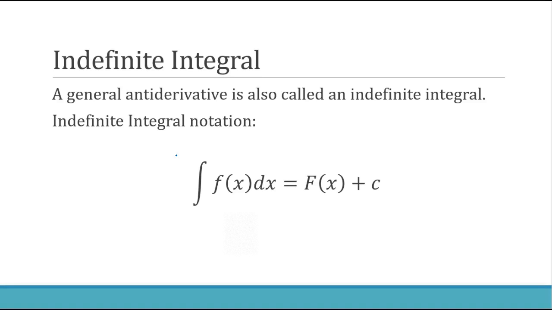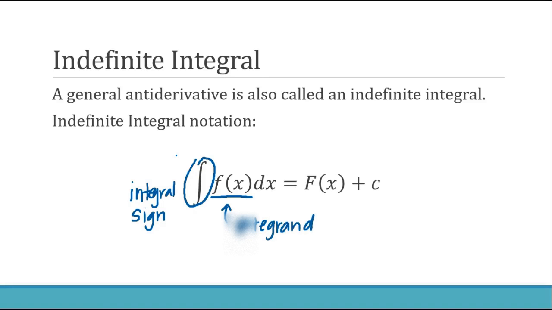And here's the indefinite integral notation and the terminology to go along with it. So here, this symbol is called the integral sign. And it is an operation. It's telling you to take the antiderivative of this function here, which is called the integrand, and then dx is the differential.